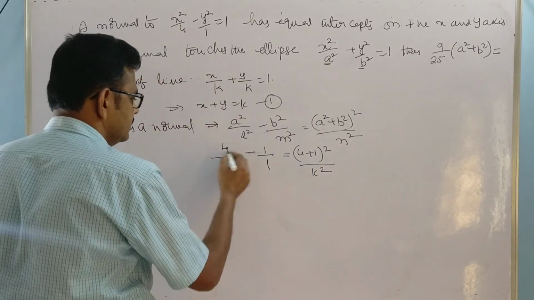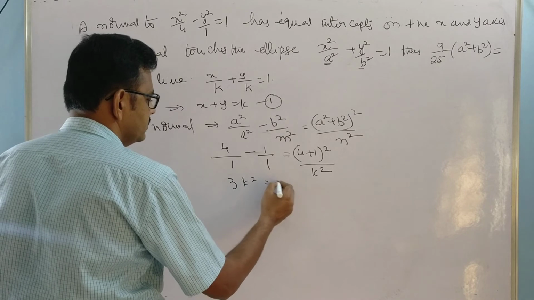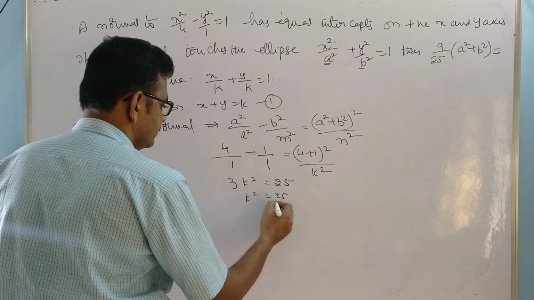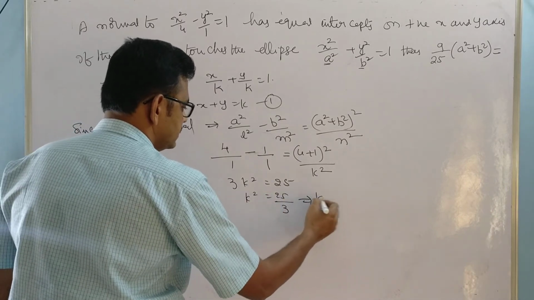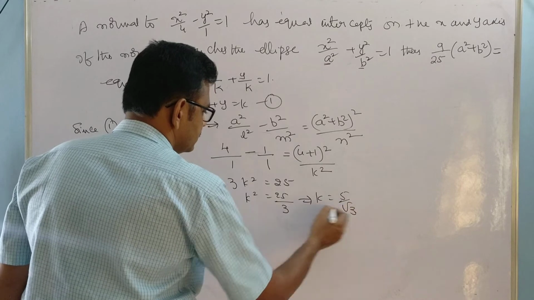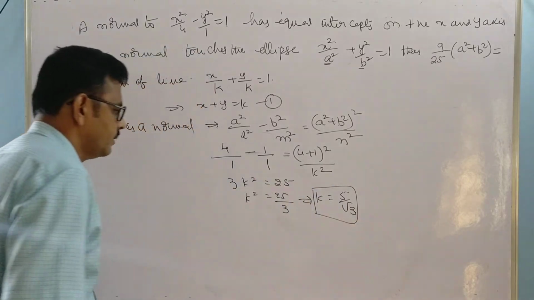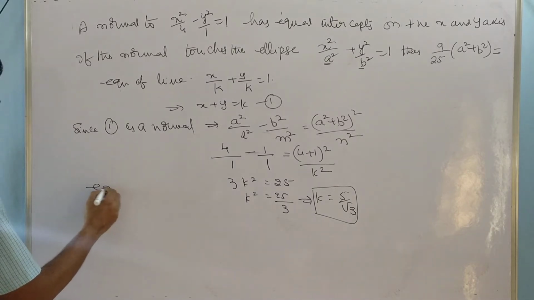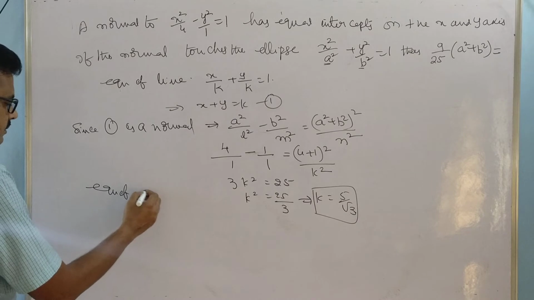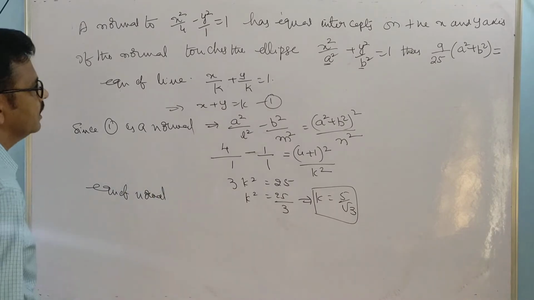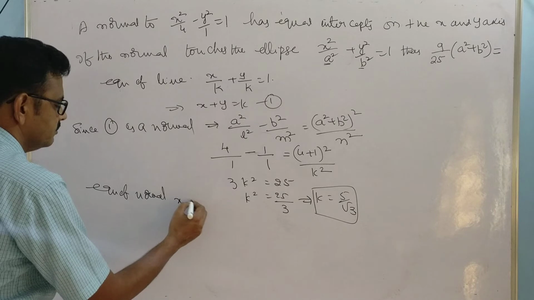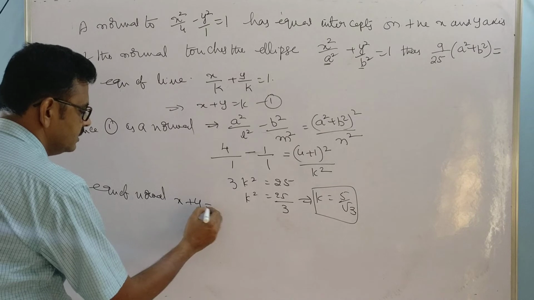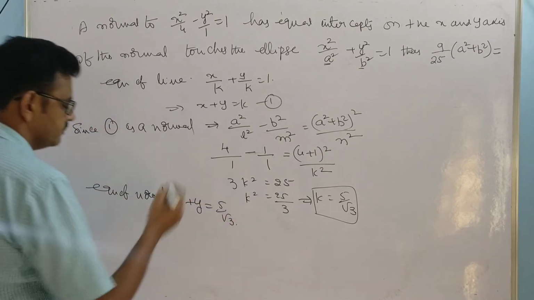So 3, this is 3, k square equal to 25 by 3, implies k is equal to 5 by root 3. So the equation of normal to the hyperbola is x plus y equal to k, where k is 5 by root 3.